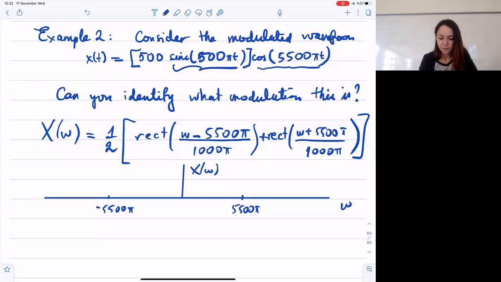Instead of 5,500 pi, shouldn't we use 5,500 over 2? Let's see. Why? Because the cosine frequency is... Oh, you're right.